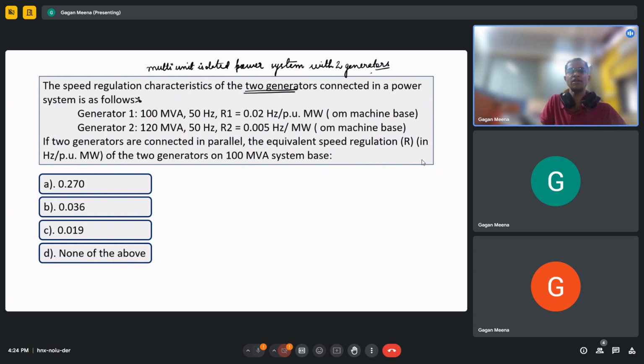Generator 1 has this specification: 100 MVA, 50 Hz, both are 50 Hz, R is 0.02 Hz per unit megawatt on machine base.